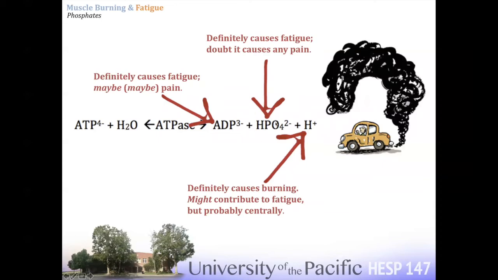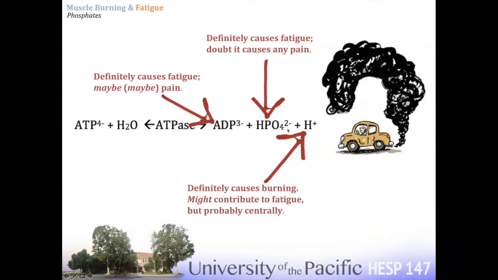The phosphate, I doubt there's any pain being caused by the phosphate, any of that burning, but definitely causing fatigue. There's mechanisms here, and even if there's a cellular explanation, really what's going on is the brain is just interpreting information and giving executive orders to shut down. Even if that is the phosphates, it would still be an executive order.